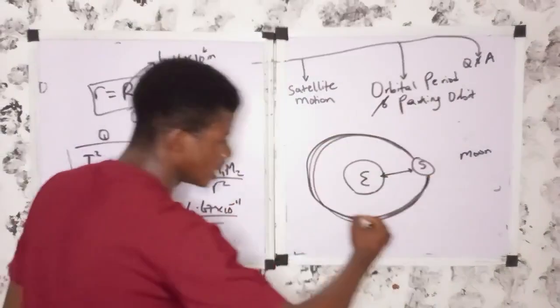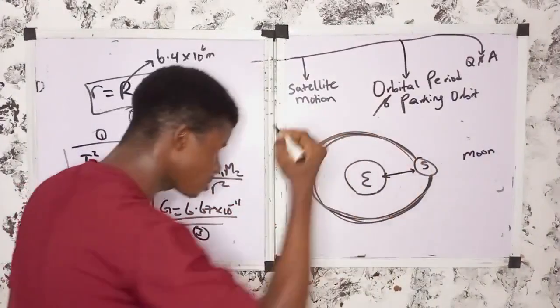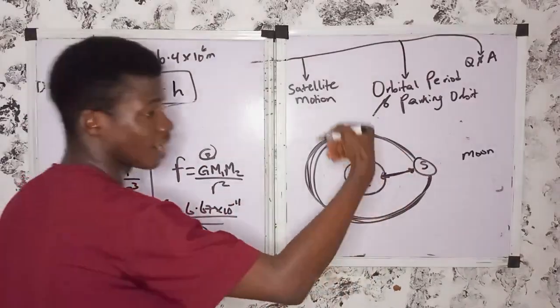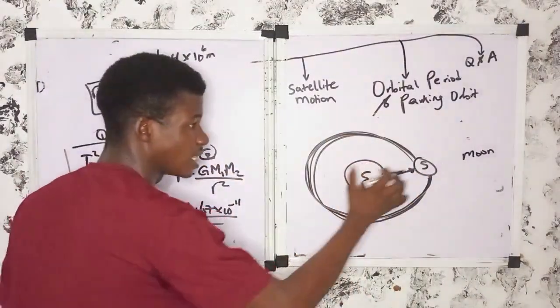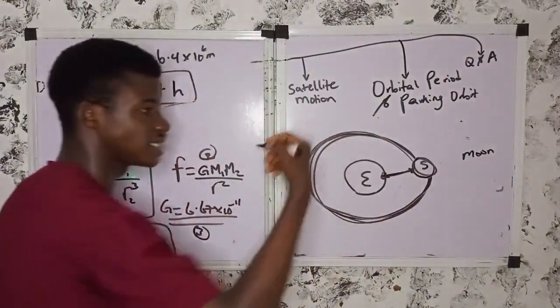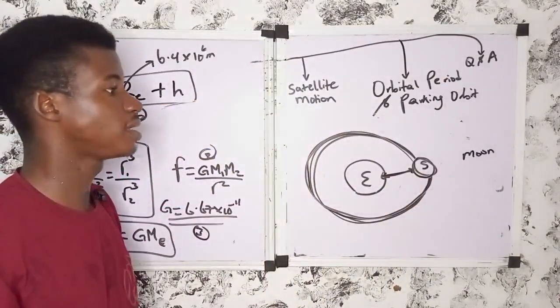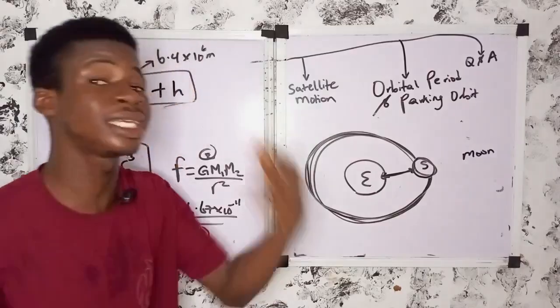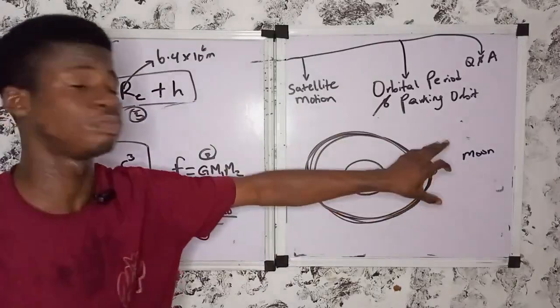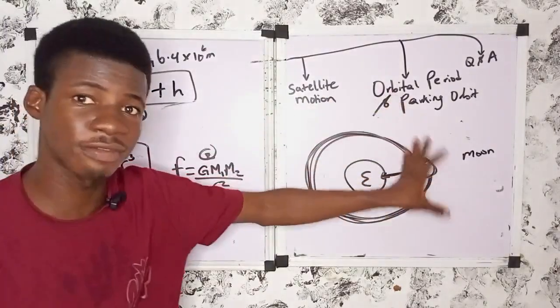Yes, they revolve around the Earth. Don't forget there's a gravitational force between the Earth and the satellite, and this force is what keeps the satellite in its orbit. I don't know if you understand.